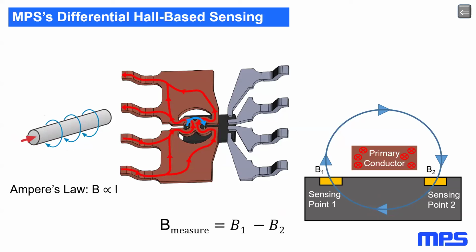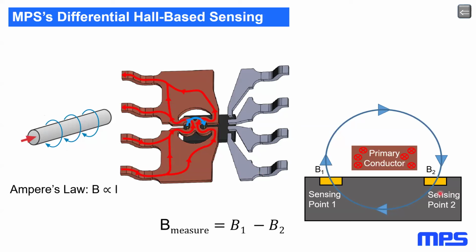Because as you have this current, and I didn't draw it here, you have this magnetic field. This magnetic field, as you go away from the current carrying conductor, decreases with the cube of the distance. And so it gets weaker and weaker and weaker, and it's a pretty large gradient.